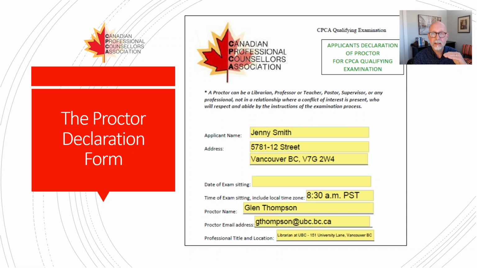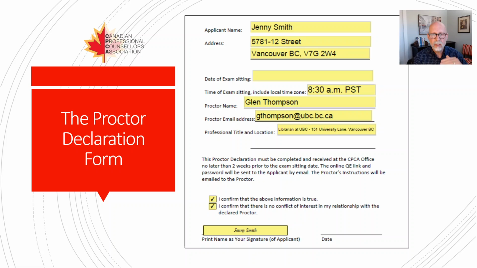We're going to just kind of slide it up, and so you can see in terms of sliding up that the Proctor declaration must be completed and received at the CPCA office no later than 2 weeks prior to the exam sitting date. The online QE link and password will be sent to the applicant by email, and the proctor instructions will be emailed to the proctor.